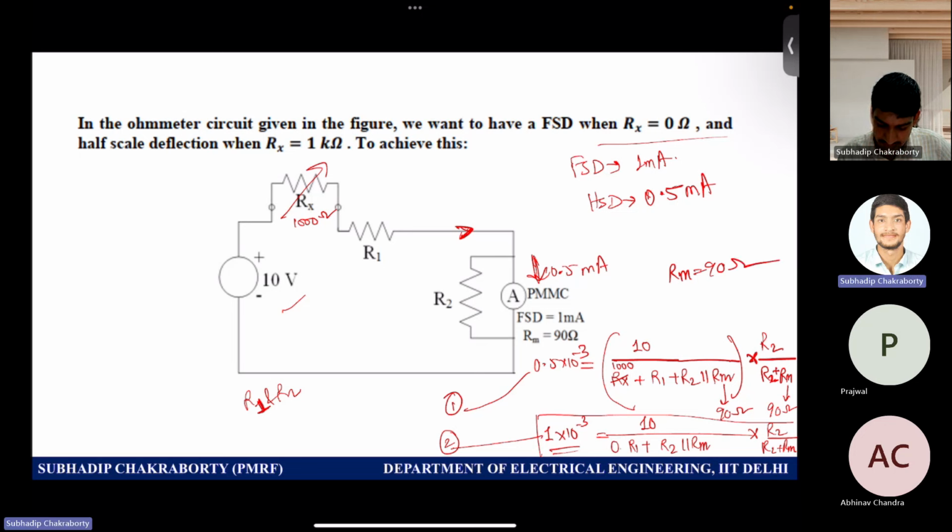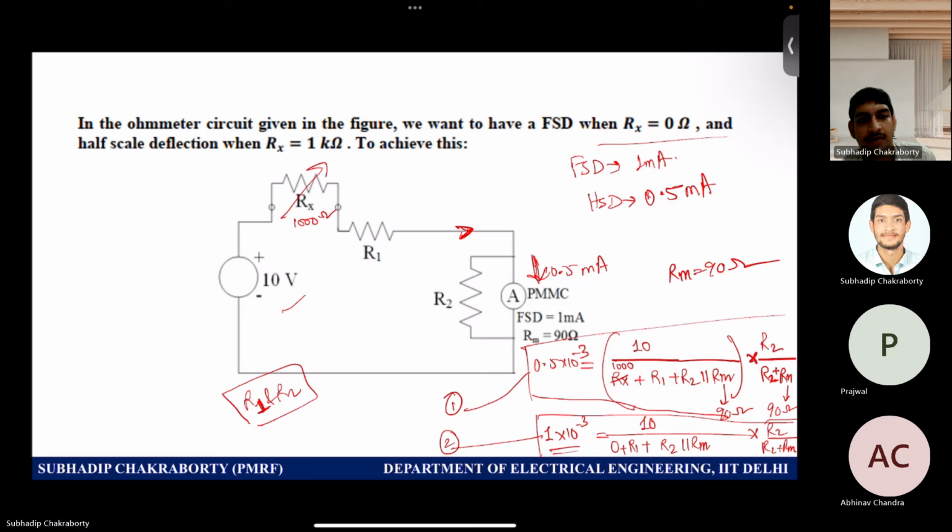Rx here is 0, you don't need Rx. So use these two equations. This is the first one, and this is the second equation, and try to determine the value of R1 and R2, so that you actually get the half scale deflection at 1 kilo ohm Rx. So try to determine.